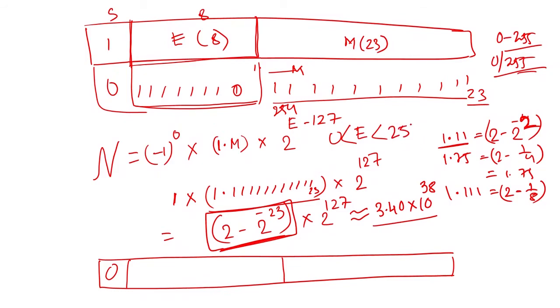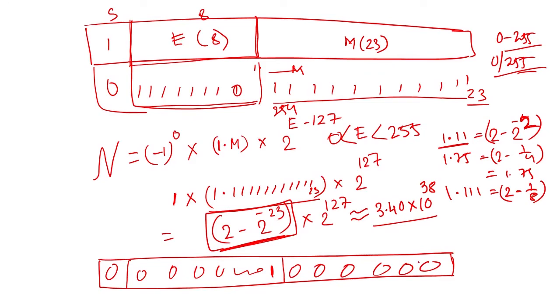So, what will be the number? The least number will be 1, so this should be 1, and the mantissa should be all 0, the least value.